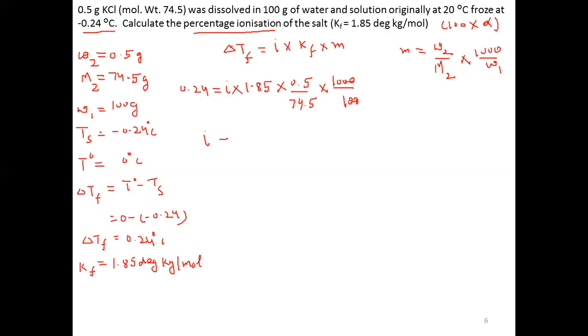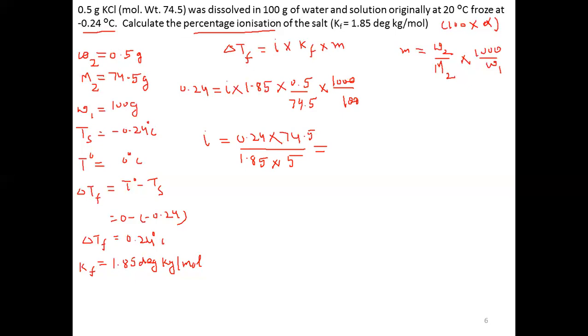So iota is 0.24 into 74.5 divided by 1.85 into 0.5 multiplied by 10 is 5. So we can simply write 5. If you solve it, it will come out to be 0.24 into 74.5 divided by 5 and divided by 1.85.